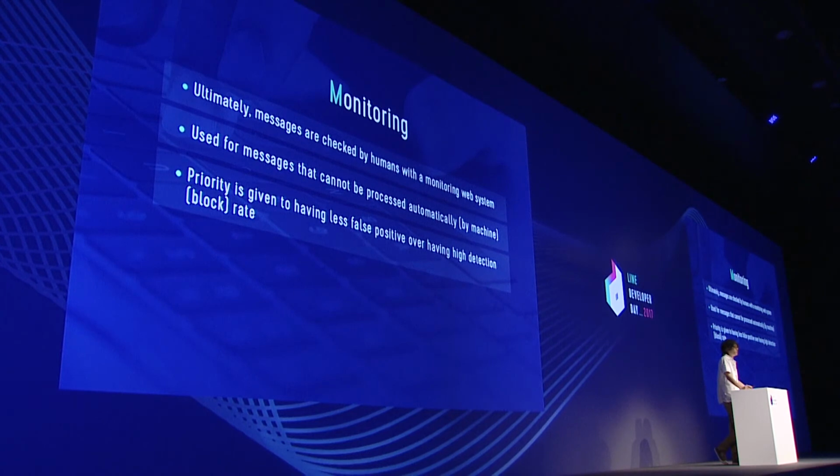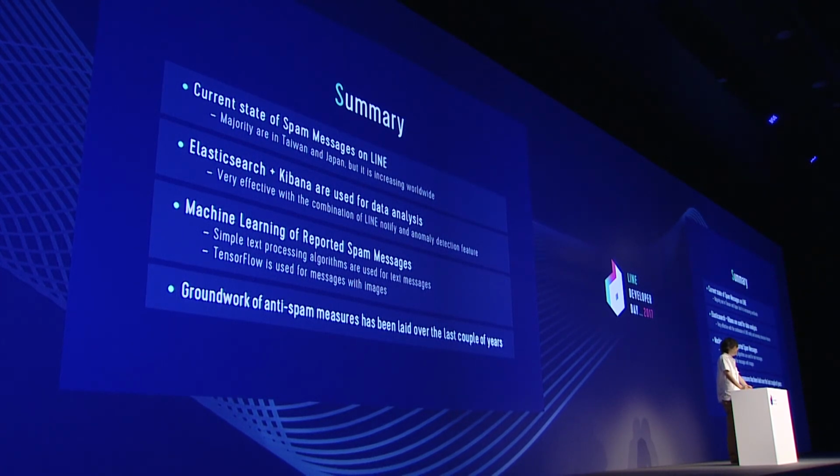We're trying to avoid the cases where legitimate users get blocked as spam. So we're leaning toward the side where we will have more false negatives than false positives. So we actually have introduced some margin of error to allow this to happen.